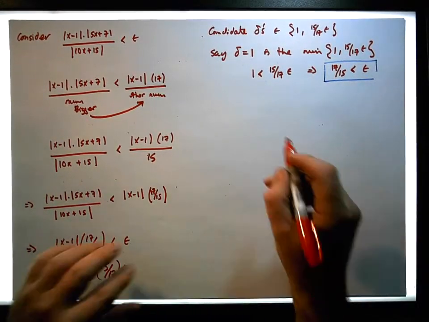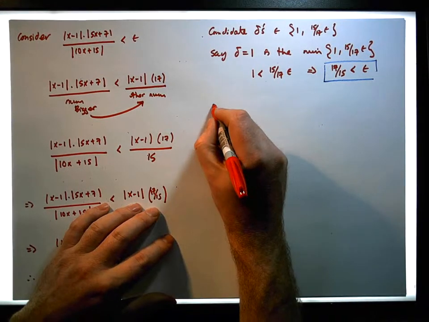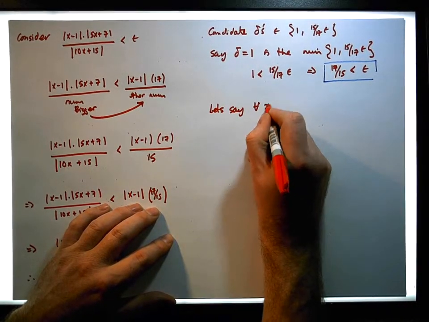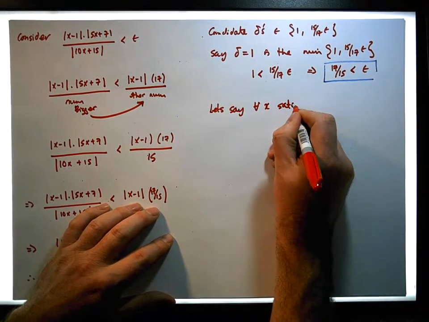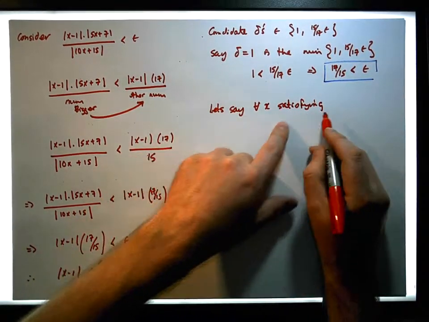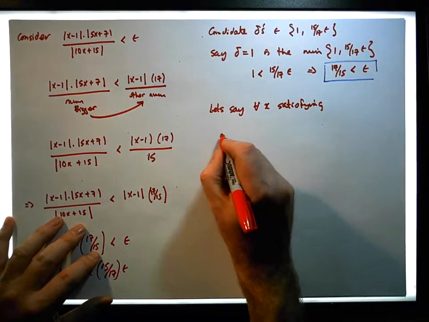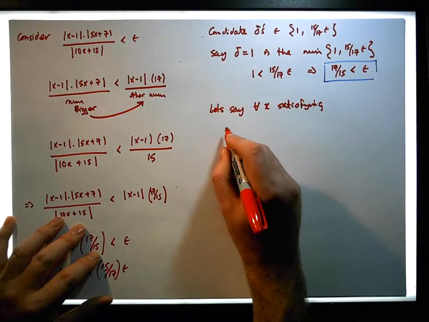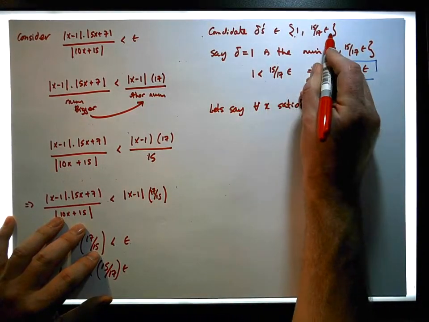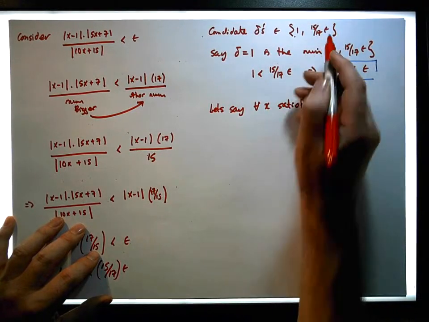So let's say that for each and every x satisfying, that delta is always going to be positive. You can see that 1 is positive here, and epsilon is given as positive, so 15/17 epsilon is positive.